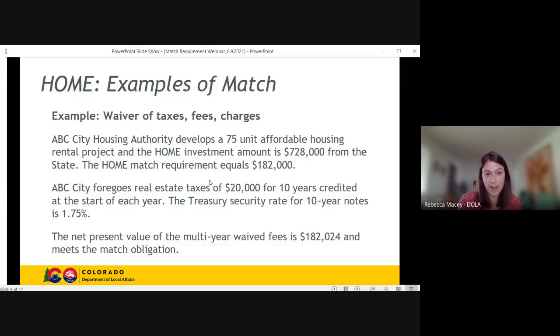When it's calculated out using that treasury rate, the net present value of waived fees is $182,024. So that just meets the match obligation. This is definitely a more complex one that involves multiple different groups, but it is another way to indicate match: the value of waived taxes or fees, et cetera.